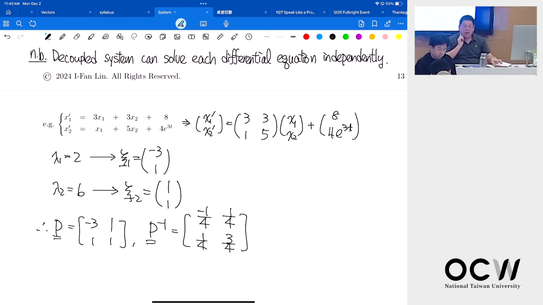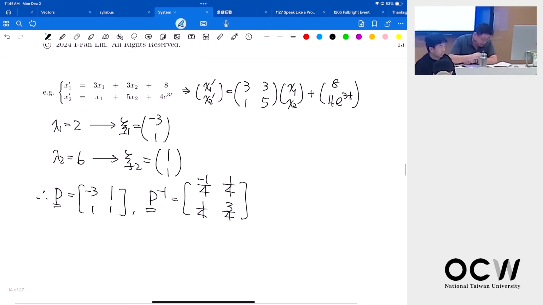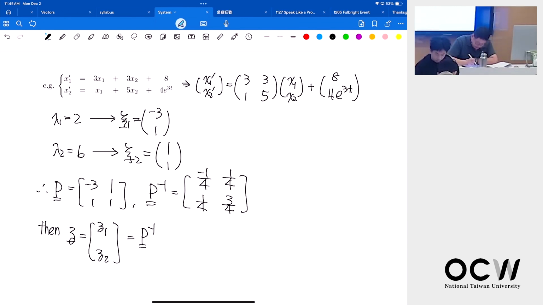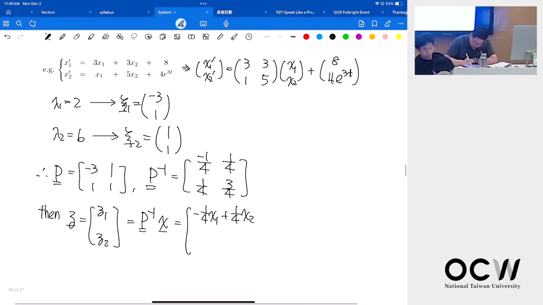And then once you have P and P inverse, changing variables, we can get the z. The vector z, z1, z2, is P inverse times x. Then you get -1/4 x1 plus 1/4 x2, and 1/4 x1 plus 3/4 x2.